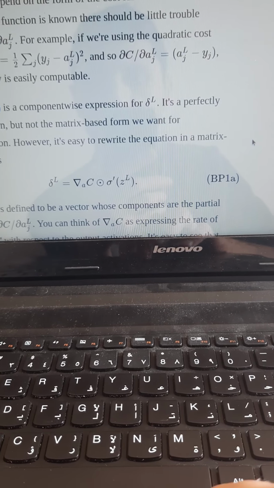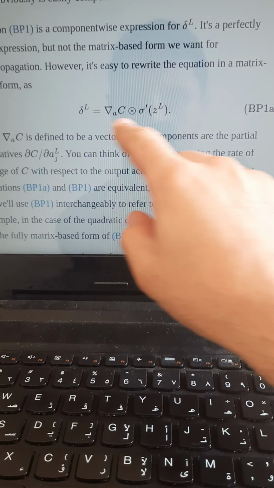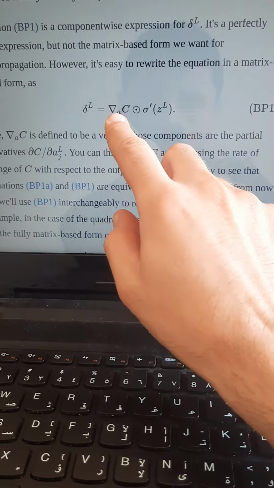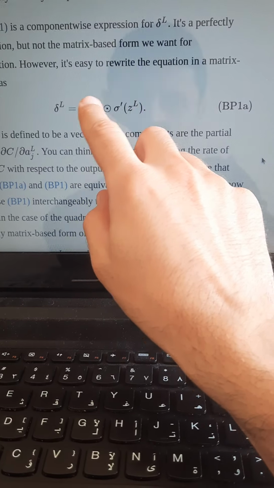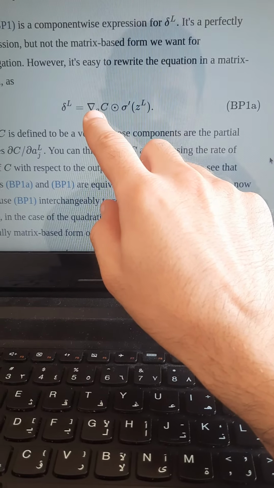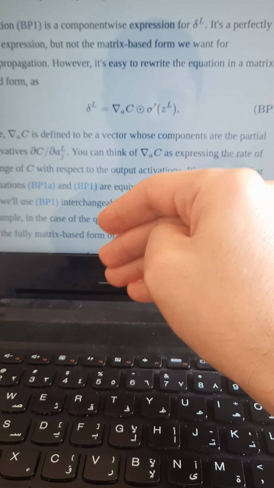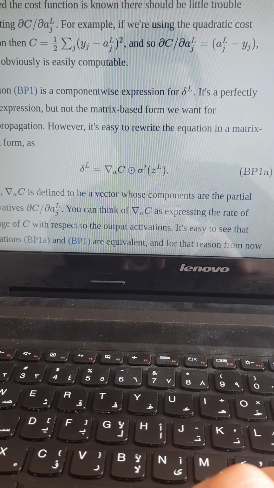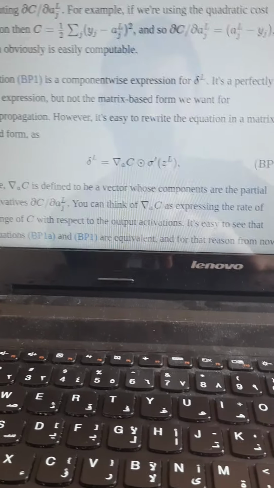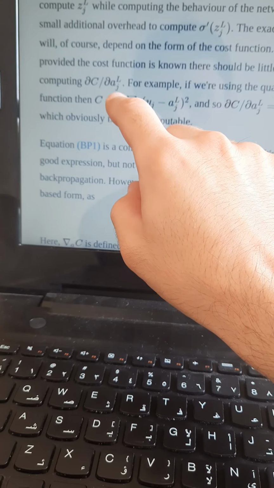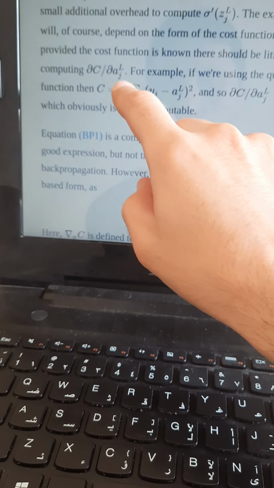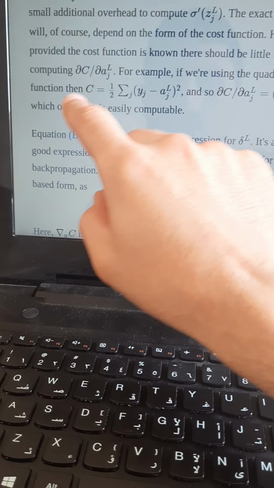This is the backpropagation one. This is actually a vector, a column vector, whose first term is like this one for j1, the second term for j2, the third term j3, and that's it.